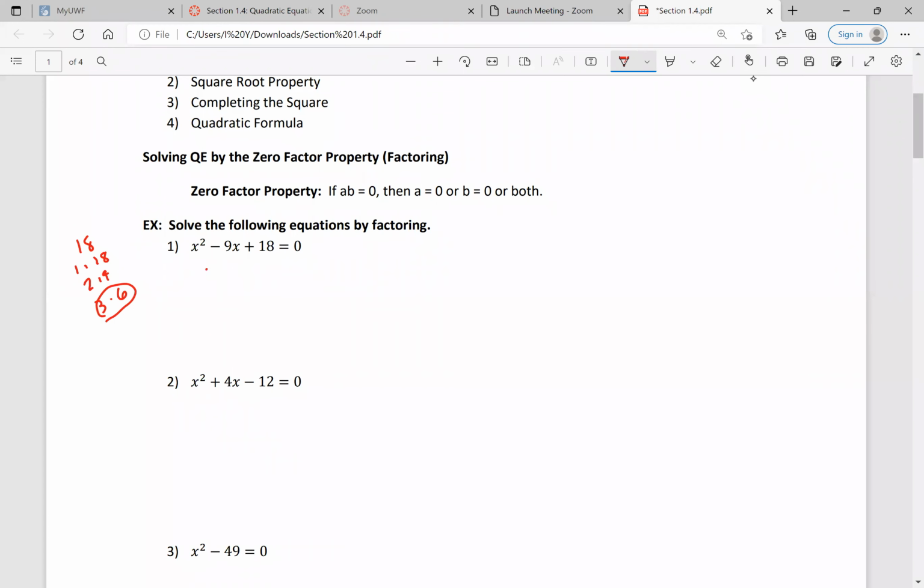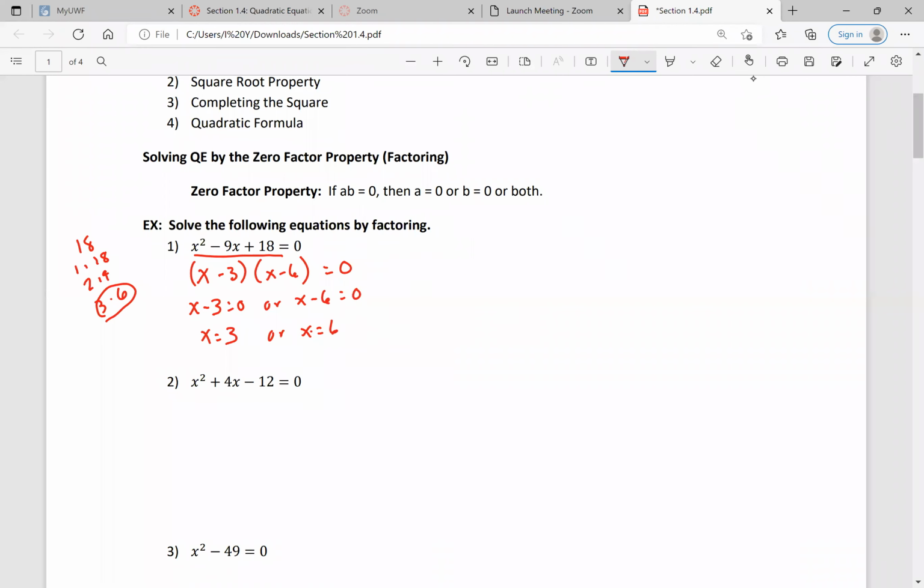So that means this breaks down to x minus 3 times x minus 6 equals 0. And if you FOIL this, you should get the quadratic equation back. So by the zero factor property, either x minus 3 equals 0 or x minus 6 equals 0. So either x equals 3 or x equals 6.